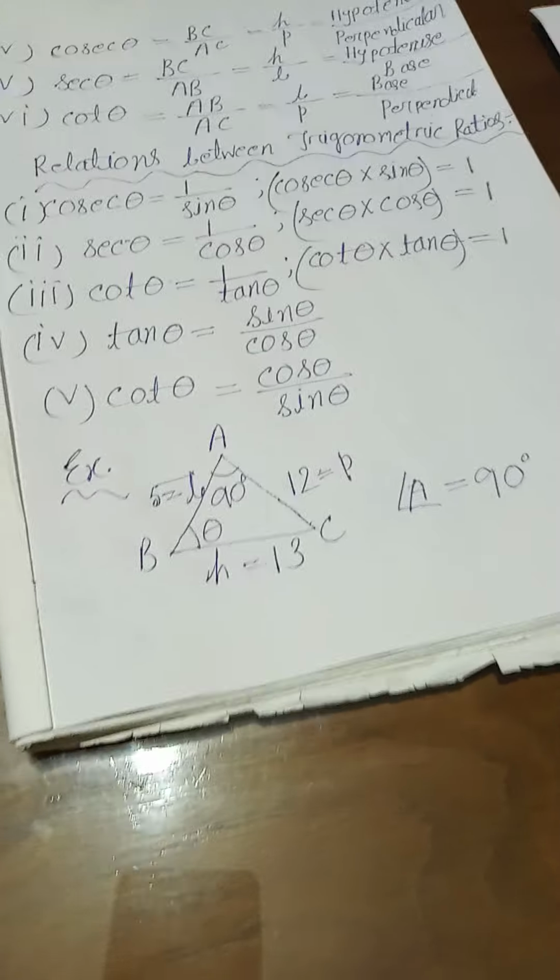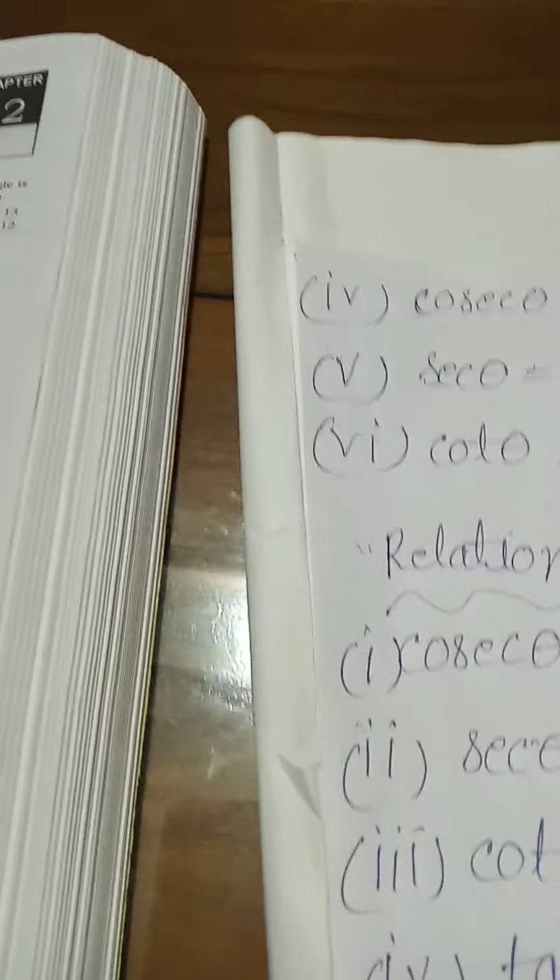So now here AC is 12, which is P, and AB is 5, which denotes small b.